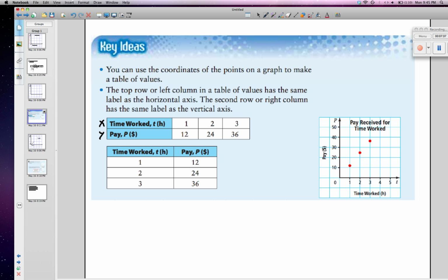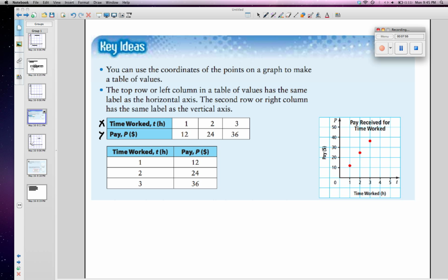Do you remember what each one of these are? This is the x-axis, and this is the y-axis. Here they've got the names of what you're doing, but you should know both: time worked is the x, and pay, money, is the y. Look how they've written that going up.